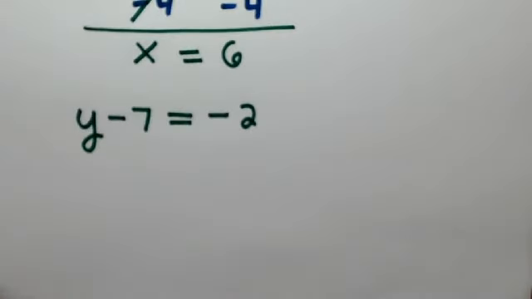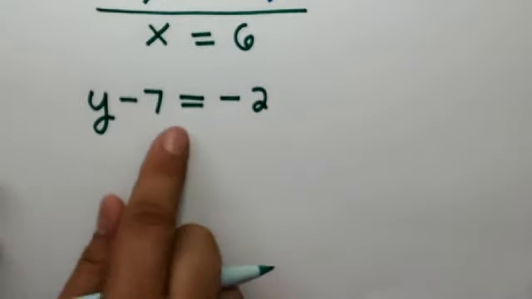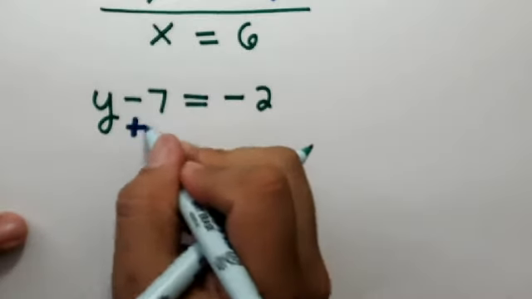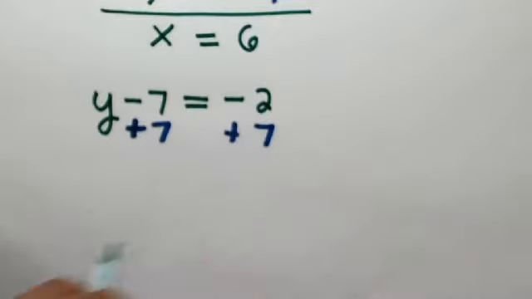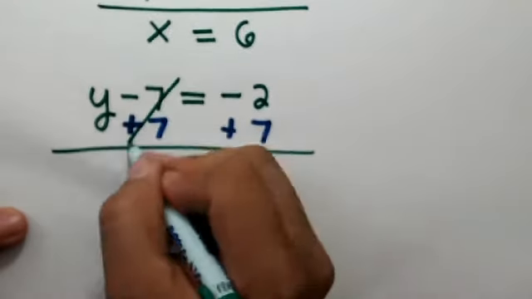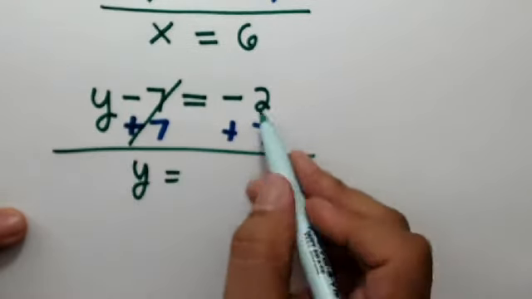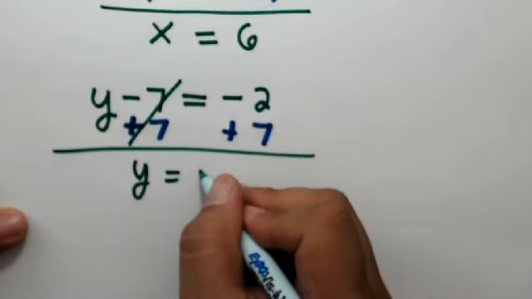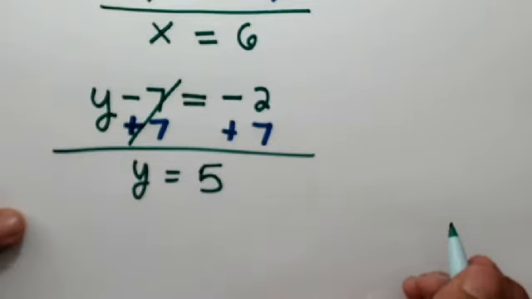It's 5. Very good. 5 minus 7 is negative 2. Now, mental math, you add 7, okay? And you'd have y equals negative 2 plus 7 is 5. There you go.